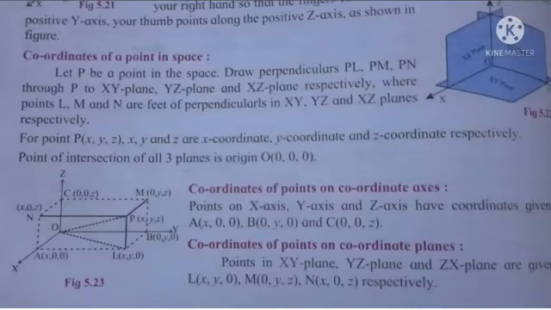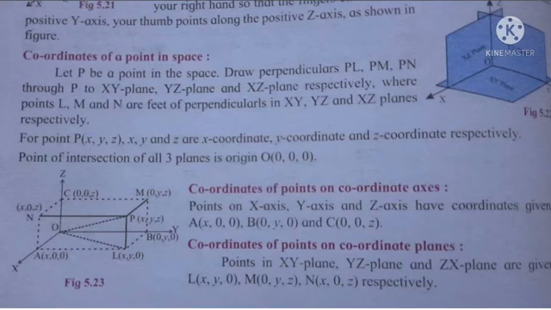Now students, we will see one new concept: coordinates of a point in space. Observe here, one figure is given. Three axes are given, x, y and z. All these three axes are perpendicular to each other.